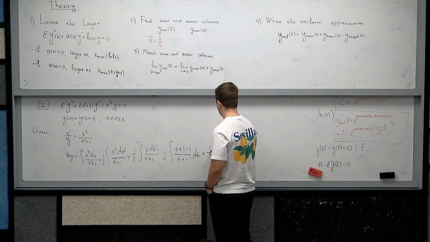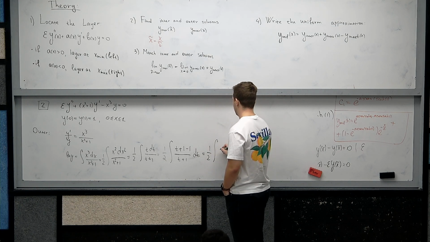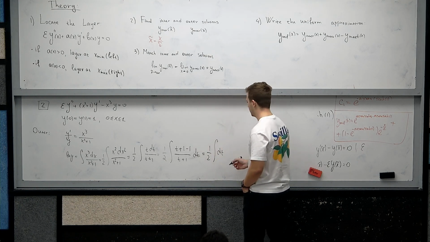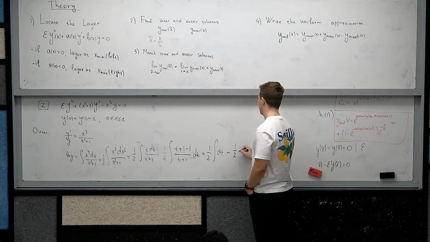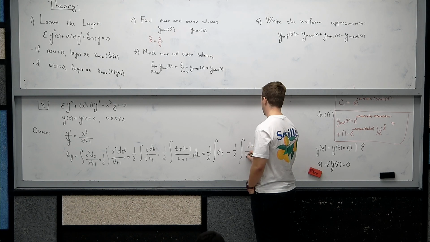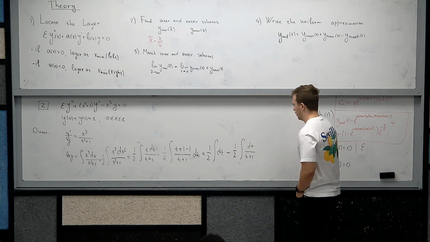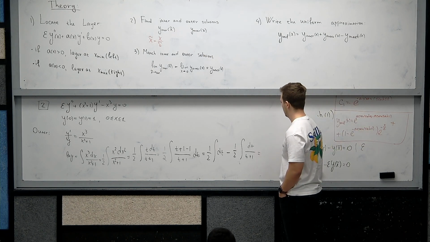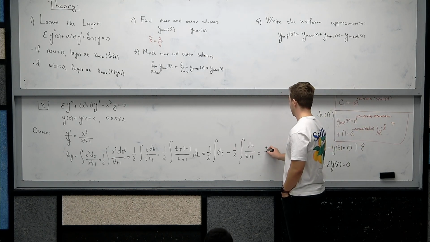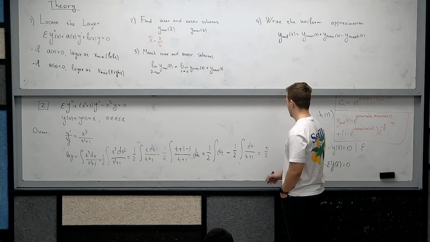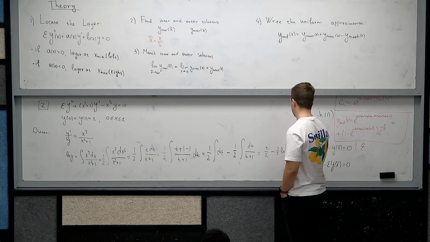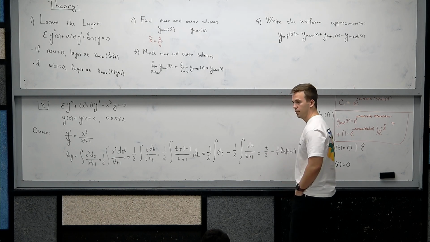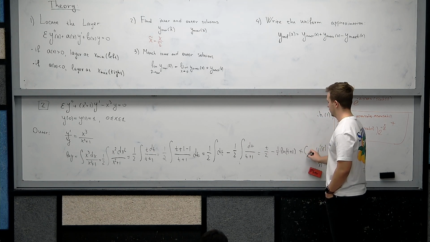Then I have just the integral of dt, minus 1/2 the integral of dt over t plus 1. The first one is just t over 2, and the second one is minus 1/2 ln of t plus 1, plus c.